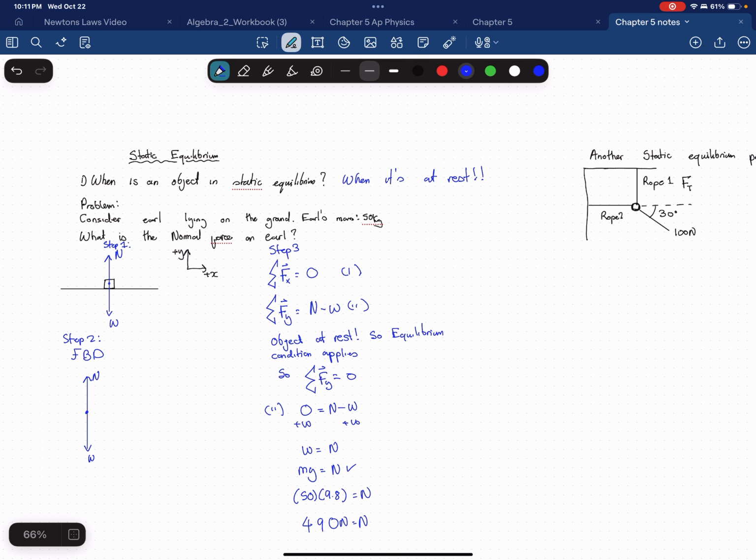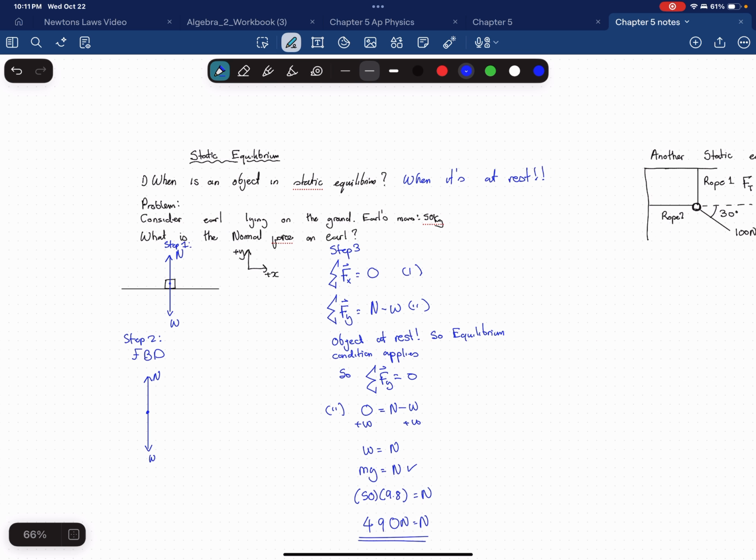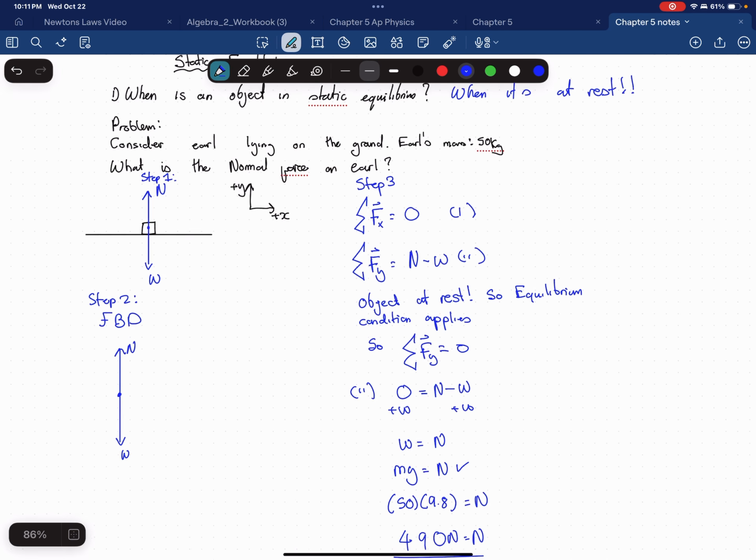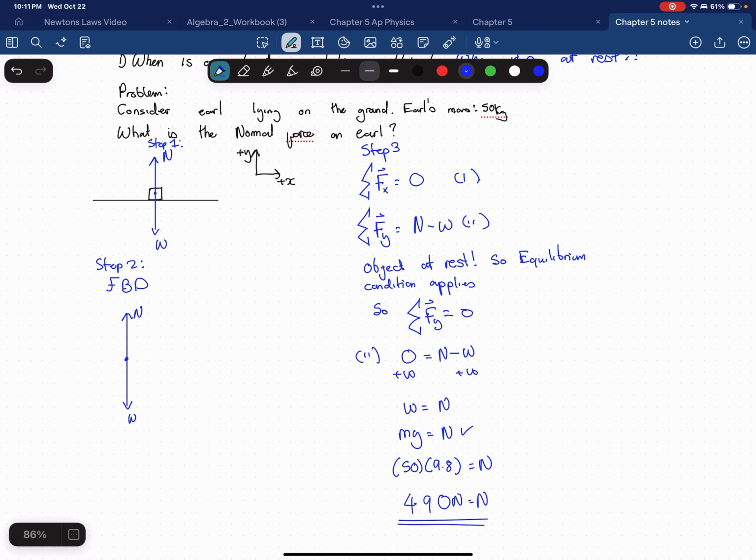We found it. Woohoo! And we use the same exact steps, barring the fact that we had to substitute in 0 for our net forces, f of x and f of y. So yeah, I hope this brought some clarity to that.